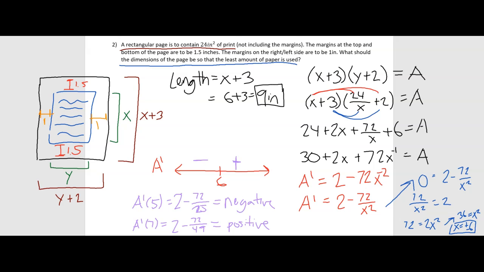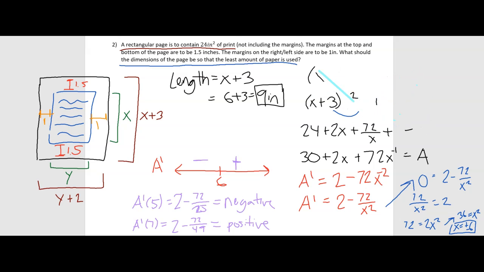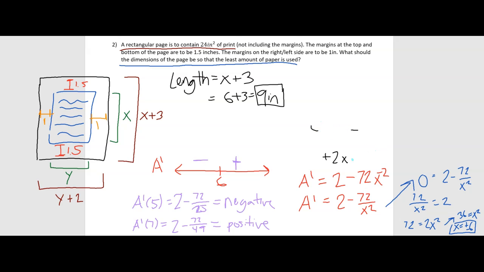Now to find my width, that was in terms of y, but I had a relationship between x and y. I actually just erased it, but we'll put it back over here. I knew that the area of the blue page was 24. So I have 24 is equal to x times y.